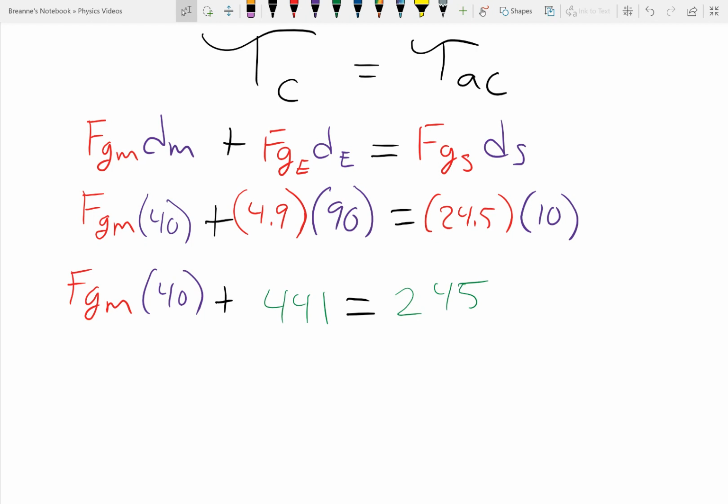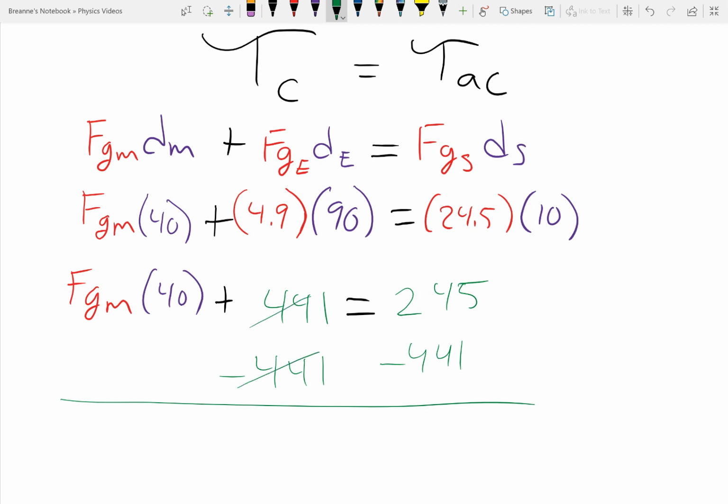So what do we have to do? Yes, we have to subtract this over here. So that'll give us our force of gravity of the meter stick times 40 equals 245 minus 441, and that will give you a negative number.